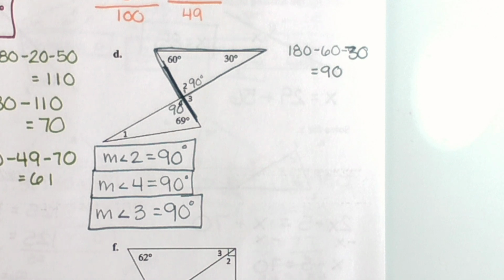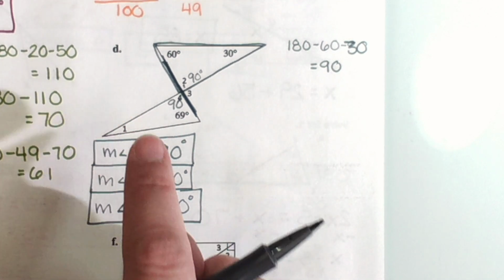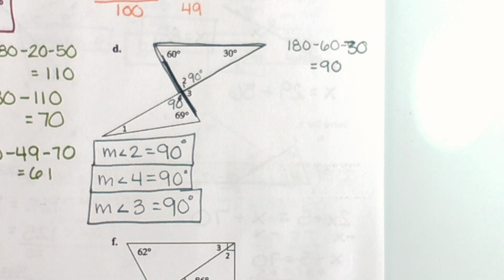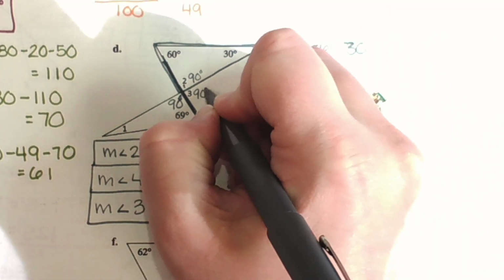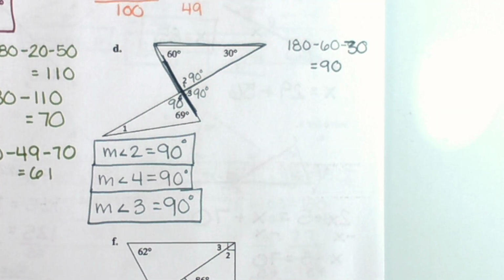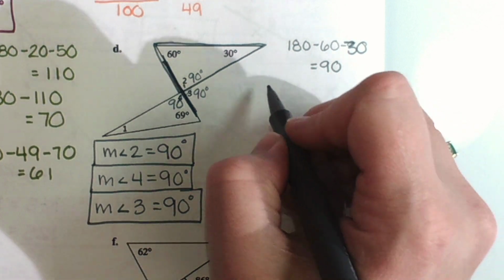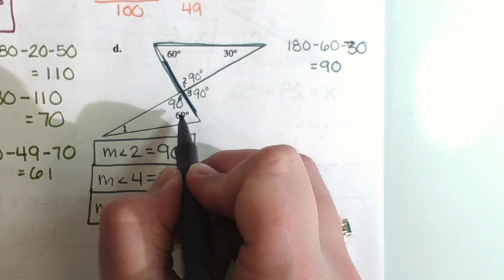We got one angle left to go on that picture. It's this one here. Triton, how do you think you can go about finding it? Do you notice you know two of the angles in that triangle?